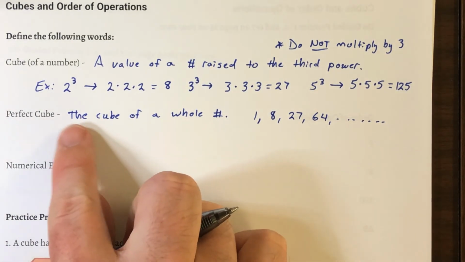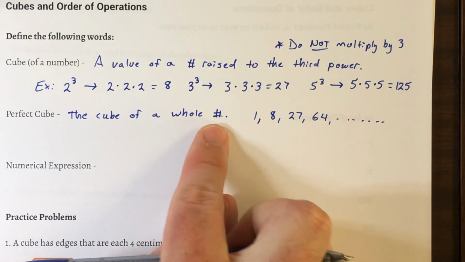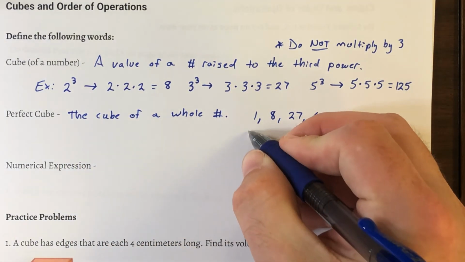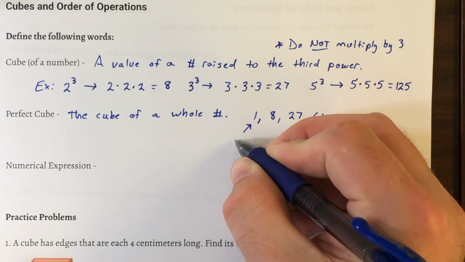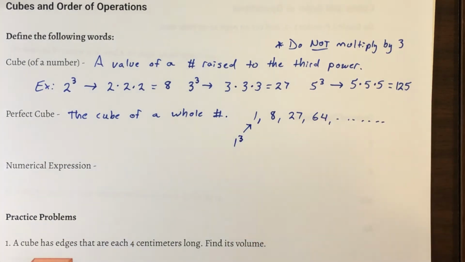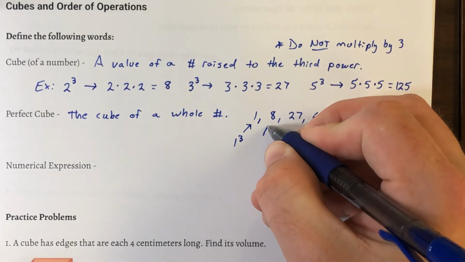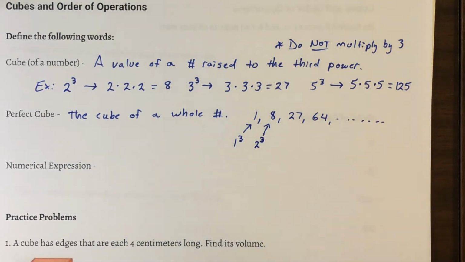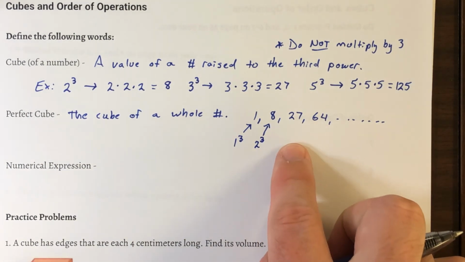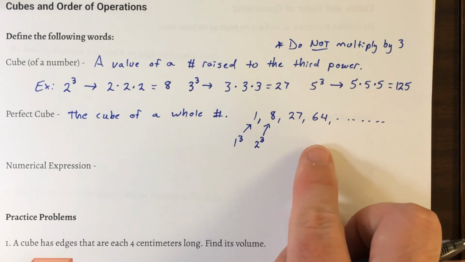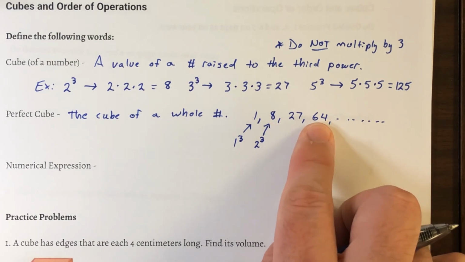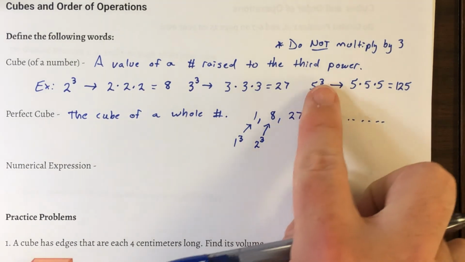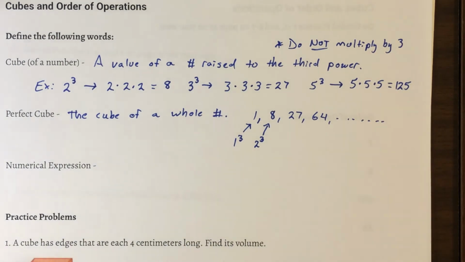Well, if a perfect cube is the cube of a whole number, the first one, 1, must be 1 to the power of 3, or 1 times 1 times 1. 8 is our second perfect cube. So we get that from taking 2 to the power of 3, or 2 times 2 times 2, and so on. 3 cubed will give us 27, 4 cubed will give us 64, 5 cubed would give us 125, and so on.